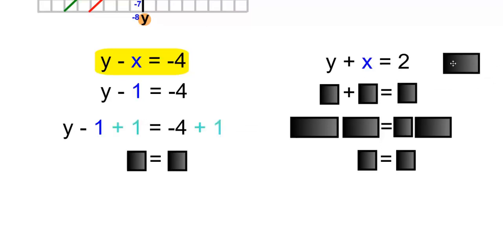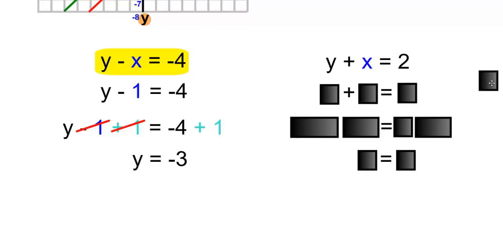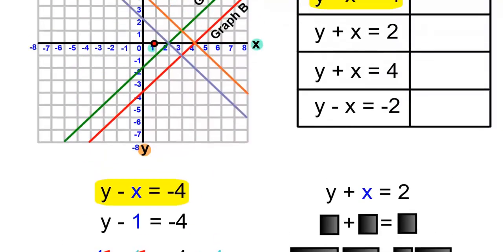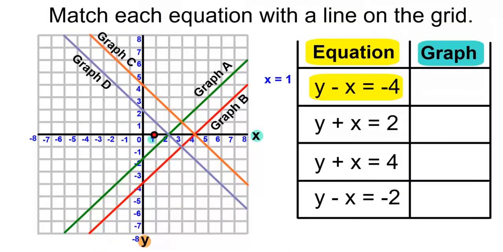We'll do the same to the other side. The minus 1 and plus 1 will cancel, giving us Y, and negative 4 plus 1 is negative 3. So using this equation, when X is equal to 1, Y is equal to negative 3.